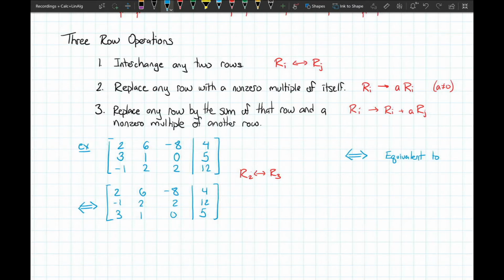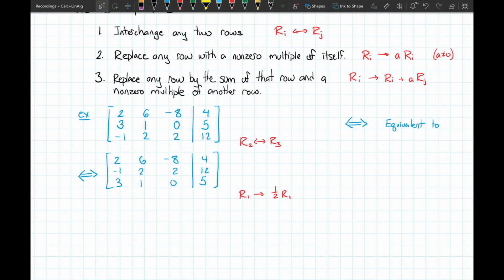Well, maybe one example of where that could be useful is looking at this first row, everything seems to be a multiple of 2. Well, why don't we take row 1 and replace it with 1/2 of row 1, or 0.5 times everything in row 1. So in this case, row 2 and 3 are unaffected, and we can just rewrite them.